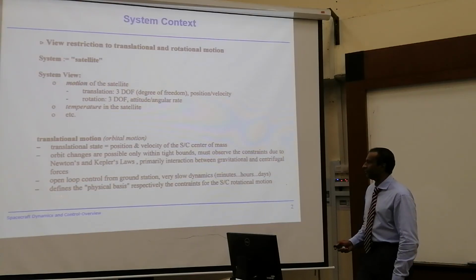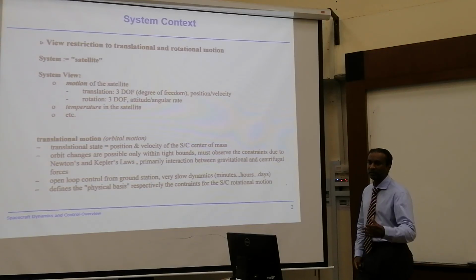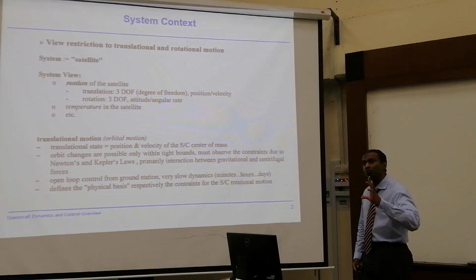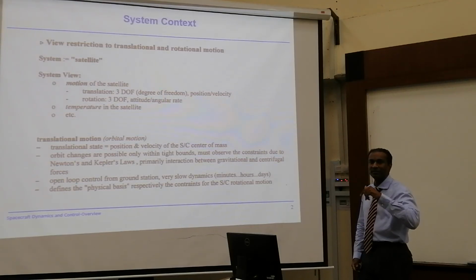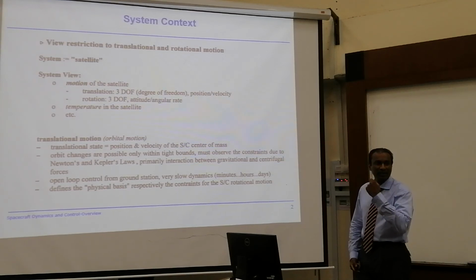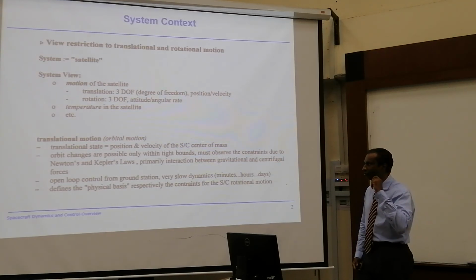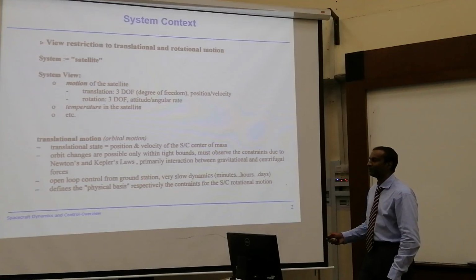Then you have open loop control from the ground, very slow dynamic. This is basically, remember, your station keeping. Towards the end of orbital mechanics, you would have done the exercise of station keeping. How to station keep, how to do a north correction, south correction, east, west corrections that you would have gone through.